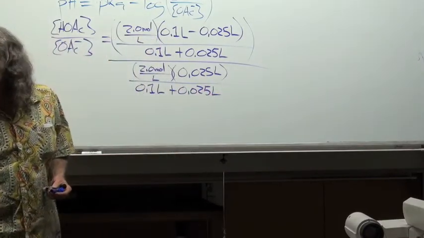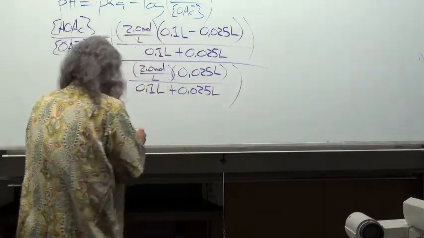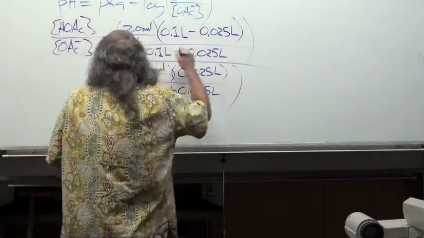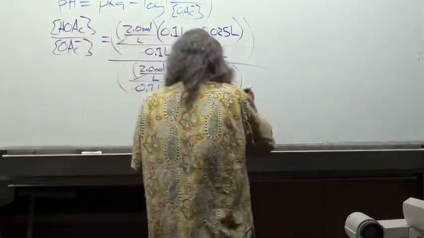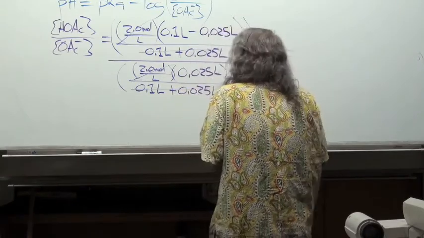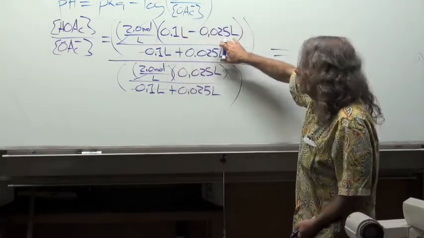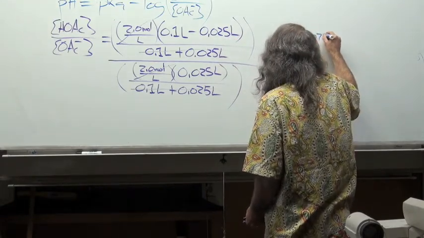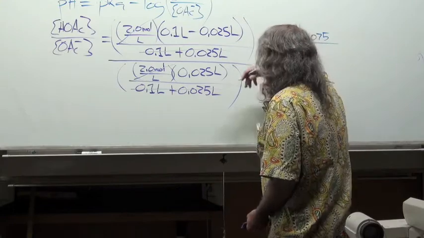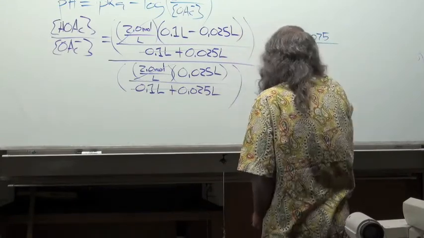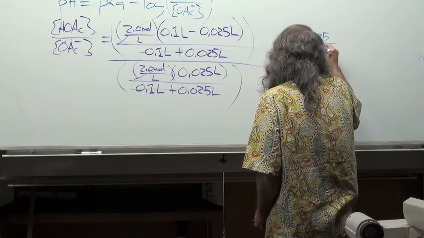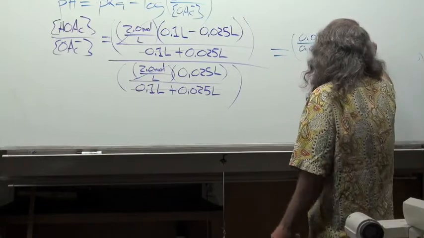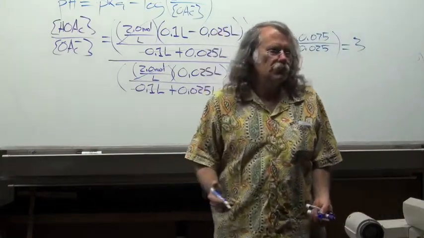And so all of this nicely drops out, and we're left with 0.1 minus 0.025, 0.075, divided by 0.025, and the liters divided by liters drops out too, and that's equal to 3.